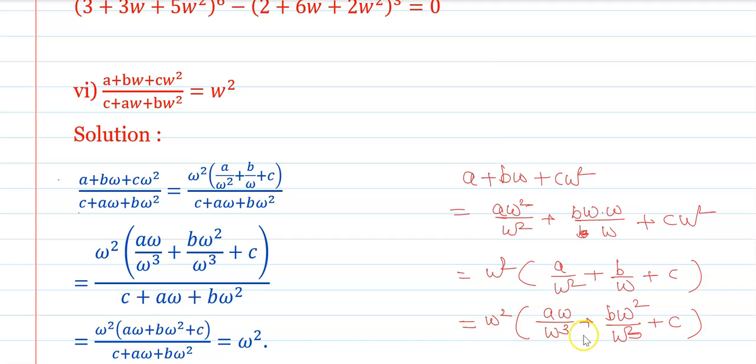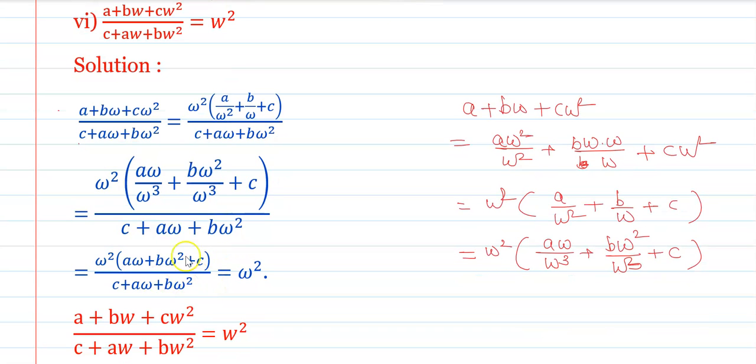Again, in this way you will get here ω² in bracket (Aω upon ω³ plus Bω² upon ω³ plus C), and the denominator is as it is.